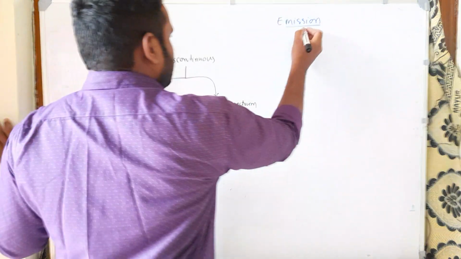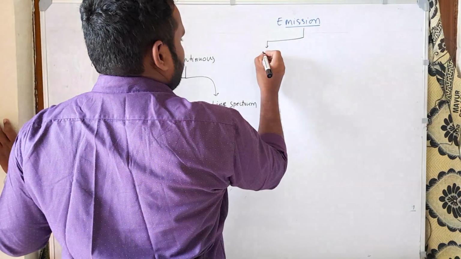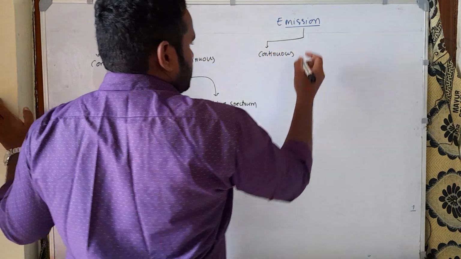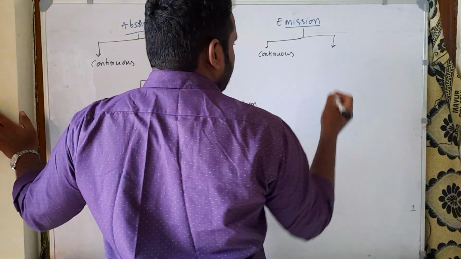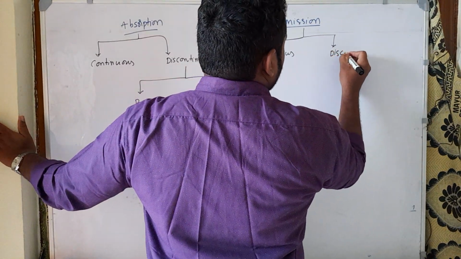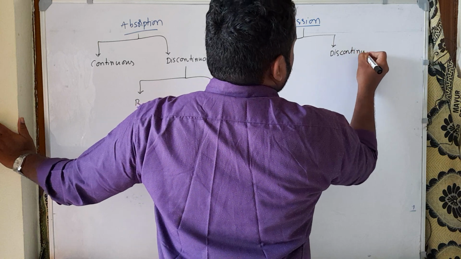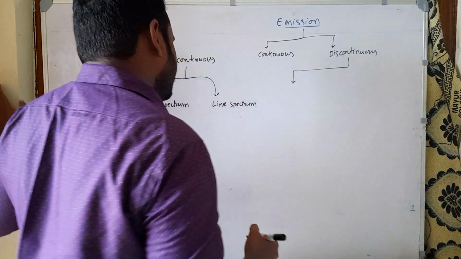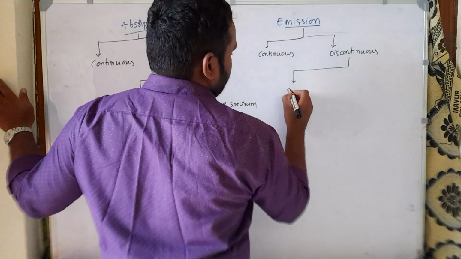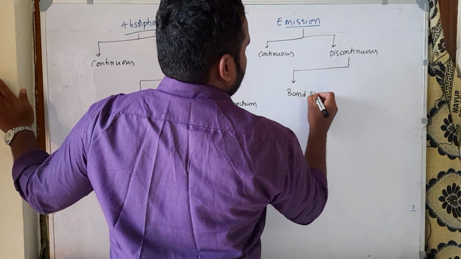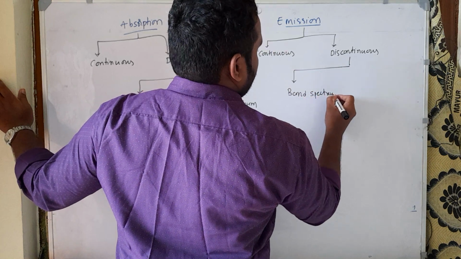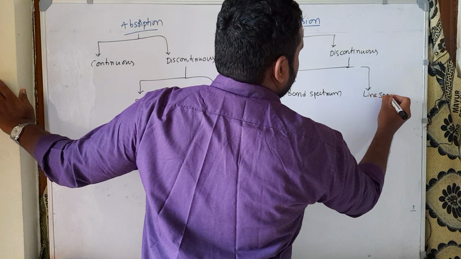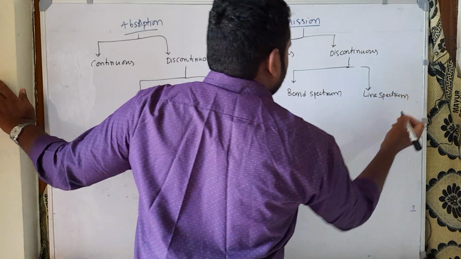So emission spectrum is also classified into continuous emission spectrum and discontinuous emission spectrum. Again this discontinuous emission spectrum is classified into band spectrum and line spectrum.